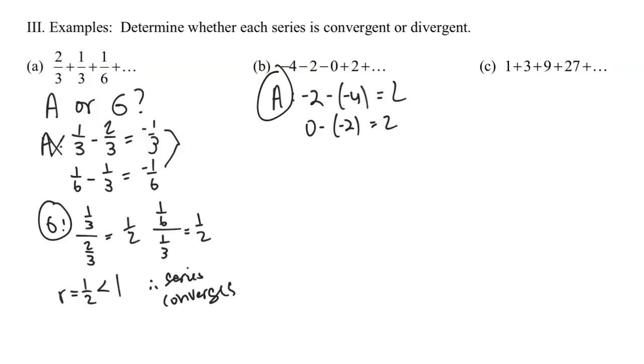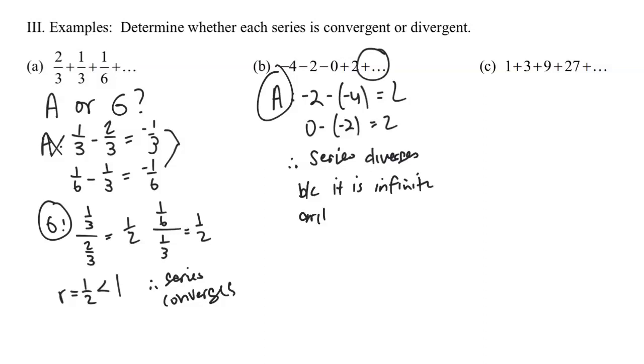And more importantly, it is infinite arithmetic because of the plus dot dot dot here. And so what we're going to say is that because of those two facts, this series diverges, and I'll be a little bit more descriptive here. It diverges because it is infinite, and more importantly, it is infinite arithmetic.